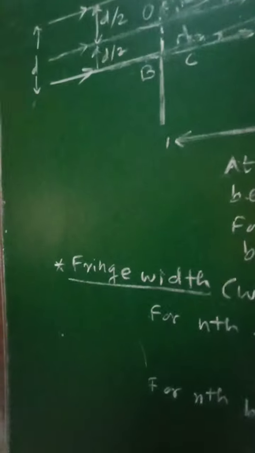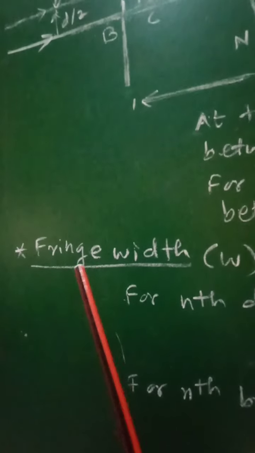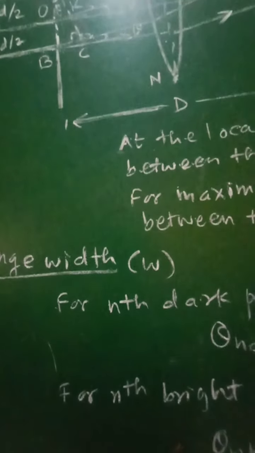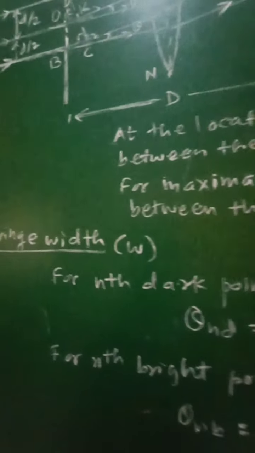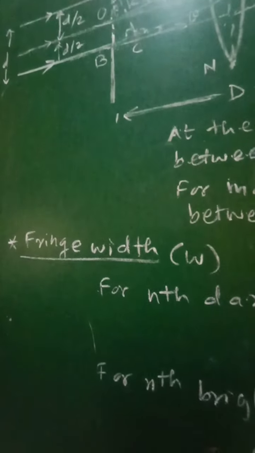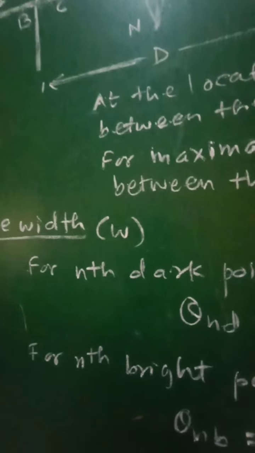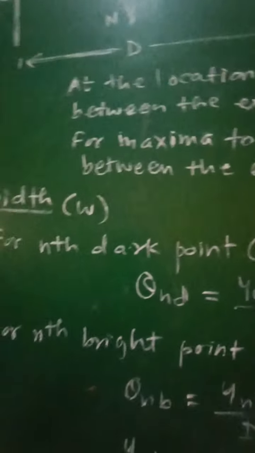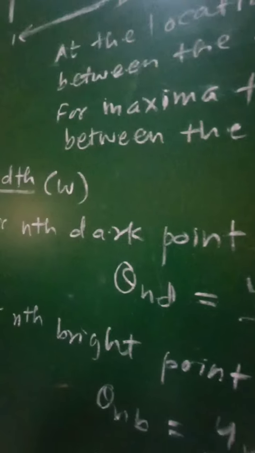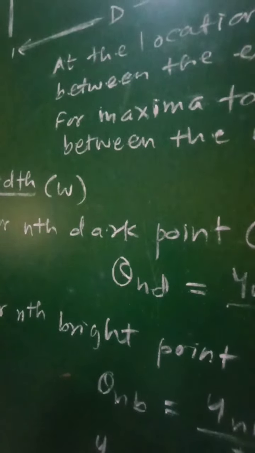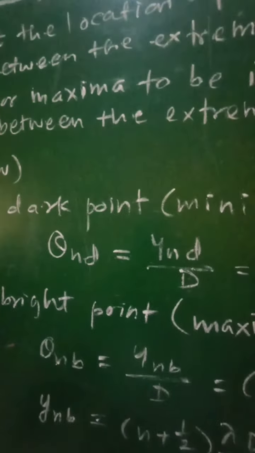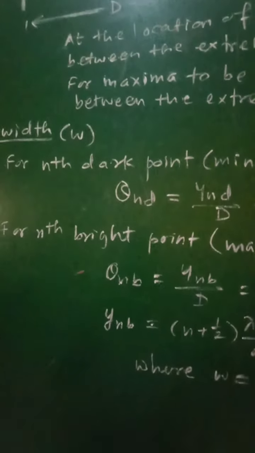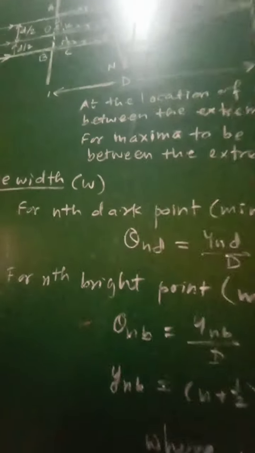Now let us go to the next point related to this diffraction, that is the fringe width W, similar to that of interference. In diffraction also there is a fringe width. It is defined as the distance between two successive bright points, that is maxima, or the distance between two successive dark points, that is minima.